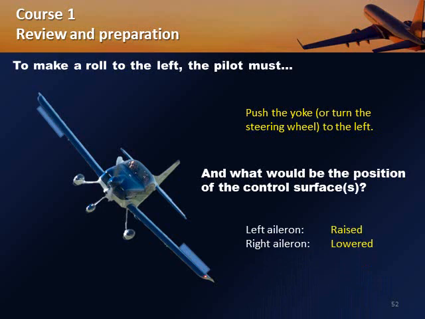In this case, as you can see, the left aileron is raised and the right aileron is lowered. This will lower the wing on this side because it decreases the lift. This will raise the wing on the other side because you're increasing the lift.